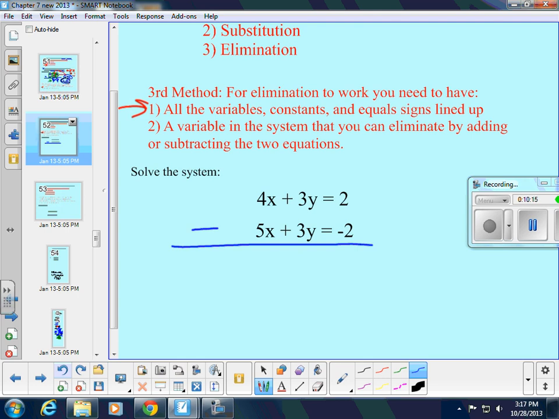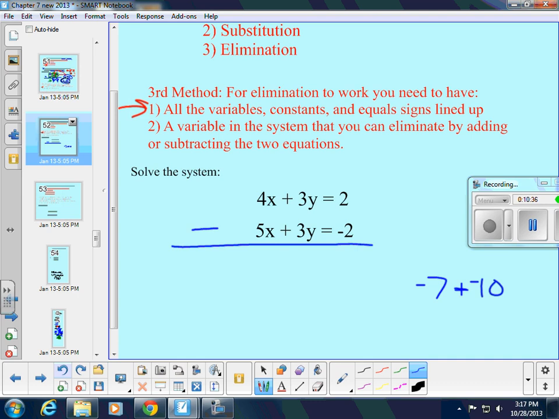Instead of subtracting, think of a basic problem like negative 7 minus 10. What I tell students sometimes is you can change this into plus negative 10.